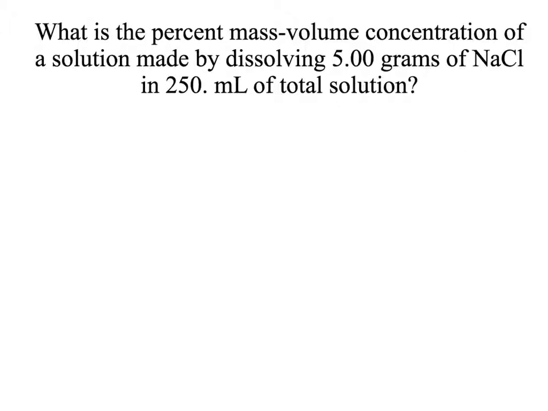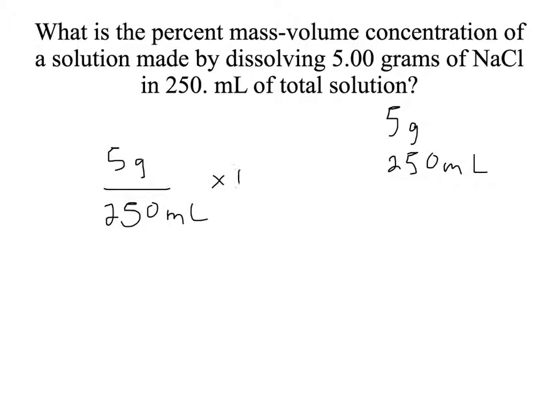So our mass here will be 5 grams, and our volume here will be 250 milliliters, times 100. So we're going to do 5 grams divided by 250 milliliters times 100 equals.